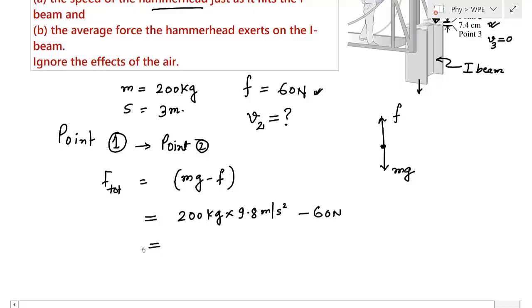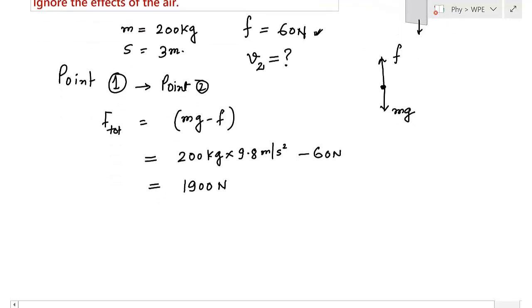If you calculate this, it will turn out to be 1900 Newton. So now I know that in the journey from point 1 to point 2, the resultant total force acting in the downward direction has a magnitude of 1900 Newton.